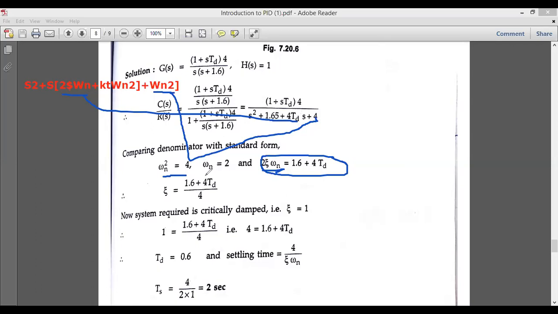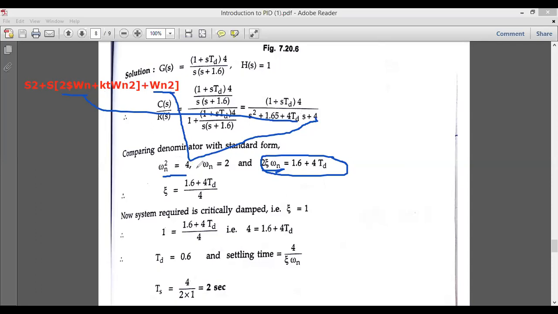But what about omega n? Omega n is equal to 2, because 2 square is 4. So you can take it in that format also, no issues. Or simply you can find the value of omega n from this also.